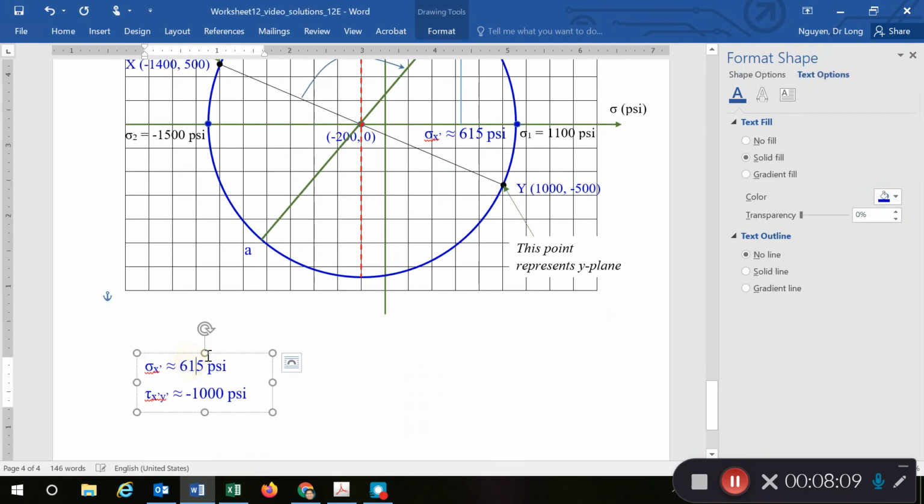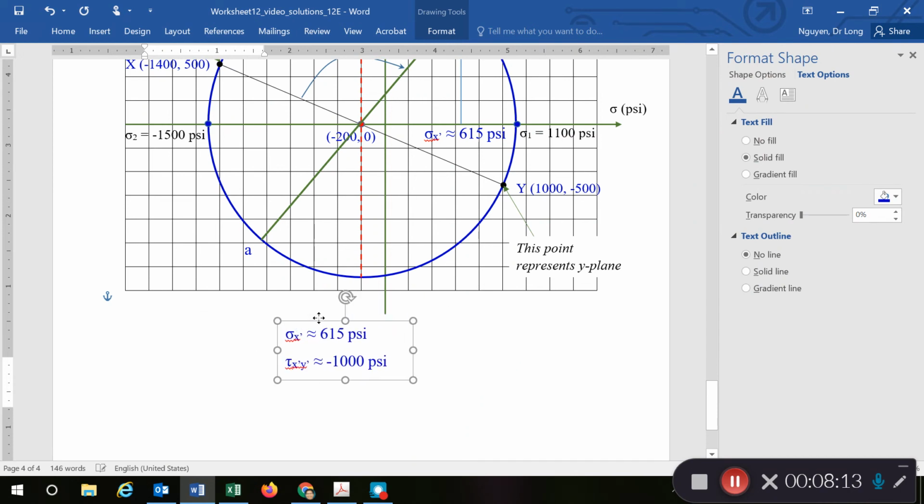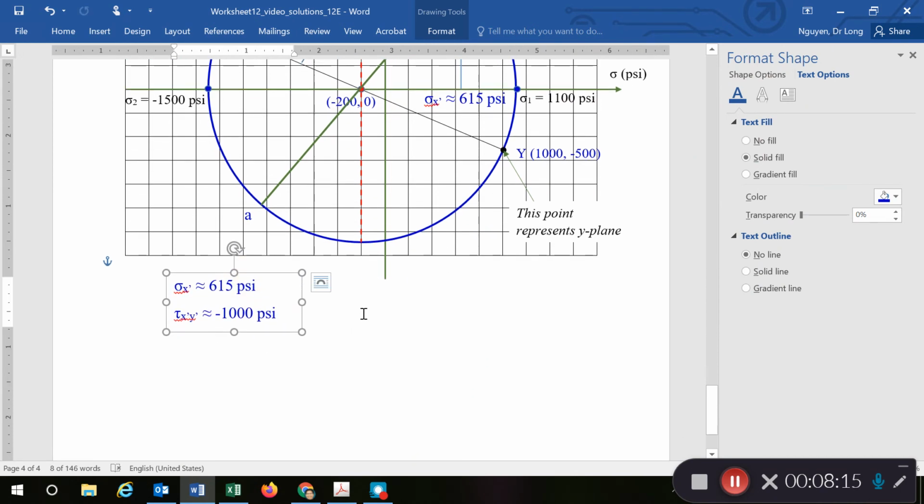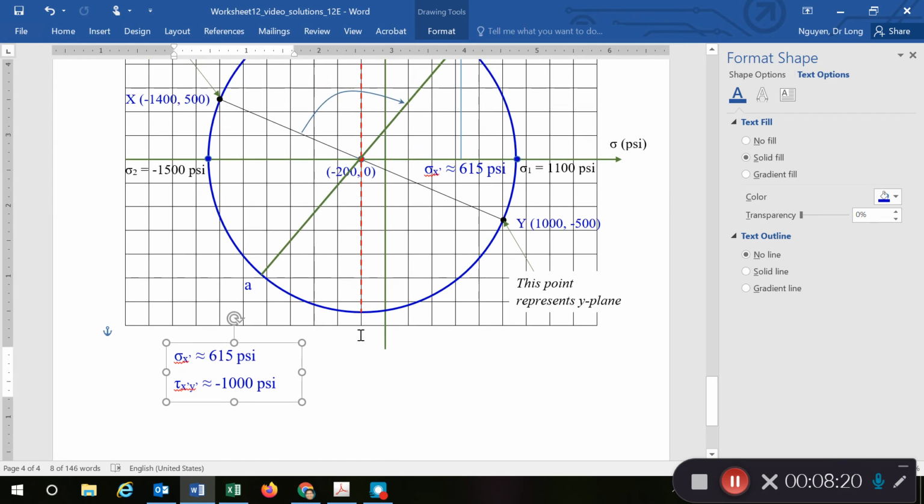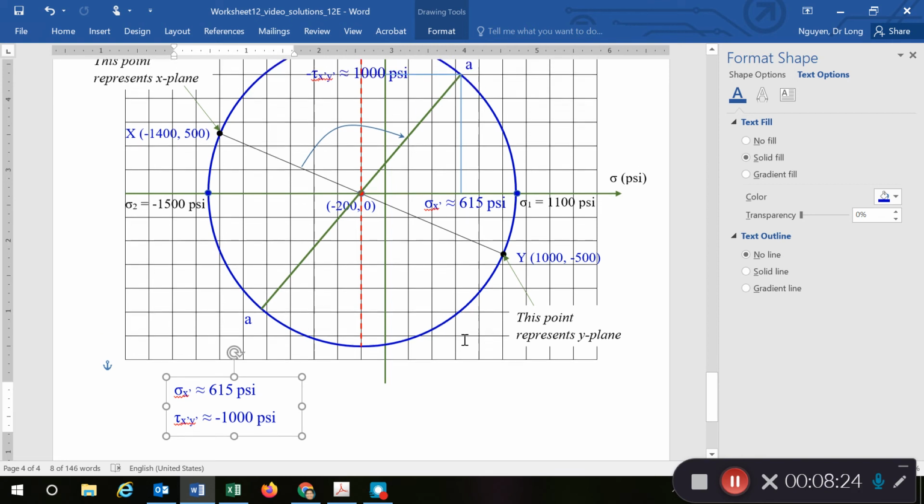So the answer, if you use analytical: sigma x apostrophe is 615 psi, and tau x apostrophe y apostrophe is negative 1000 psi.